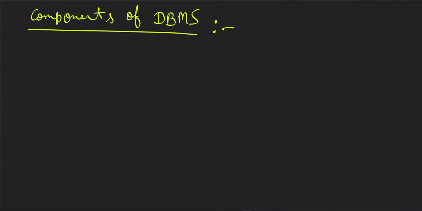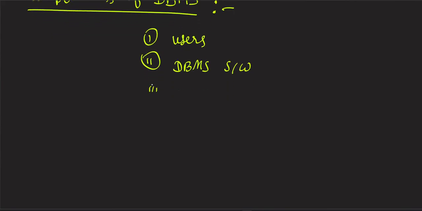Basically, there are four components. First one is users. Second one is DBMS software. Third one is database. Fourth one is application.